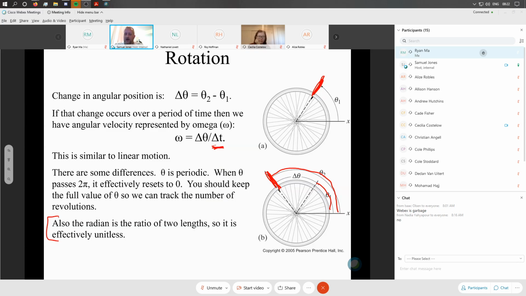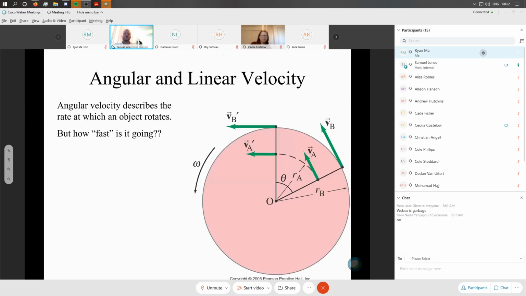Okay, so the next thing we want to talk about, let's say we have a disk or a wheel like the one I have drawn here. How fast, linearly, talking about velocity, not angular velocity, is an object moving if it's sitting on that wheel?